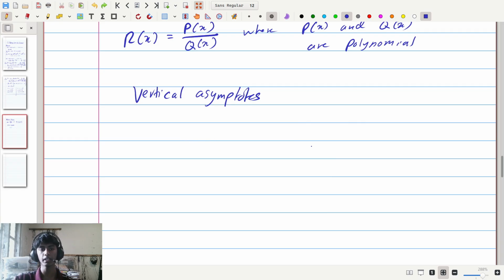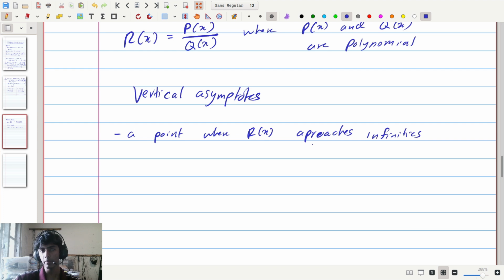So a vertical asymptote, if we say in general, is a point where R(x) approaches infinities. It doesn't have to be the same infinity on the left and the right, it just has to be some infinity on the left and some infinity on the right relative to some point, and at that point of course the function is undefined.